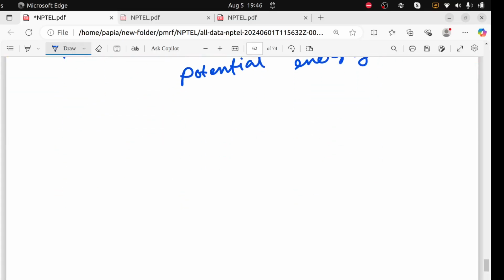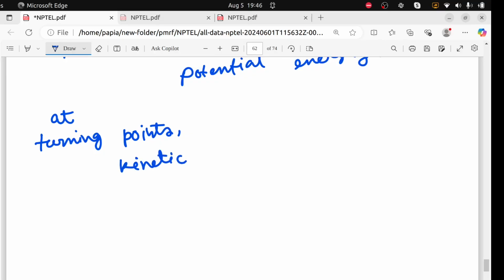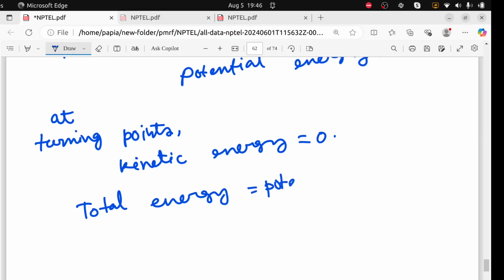If it is like that, and I told that at turning points kinetic energy is 0, so total energy equals to potential energy plus kinetic energy.